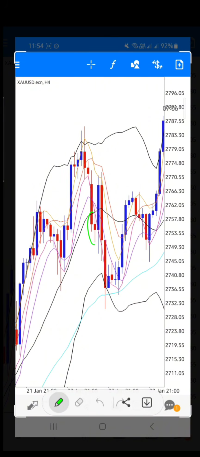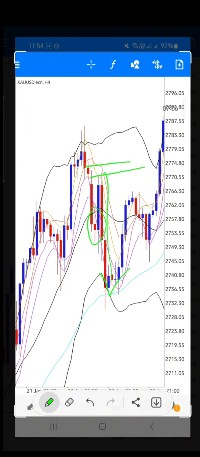Okay, so if you see after this CSAK, price likes to go for the MA 5/10 high and then goes straight for the EMA 50 and low BB.